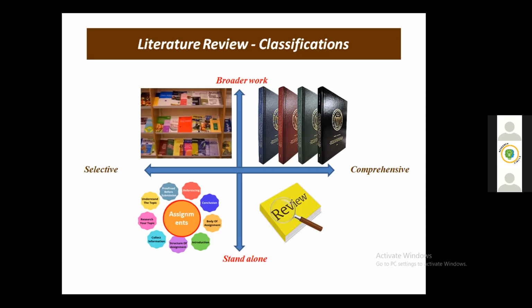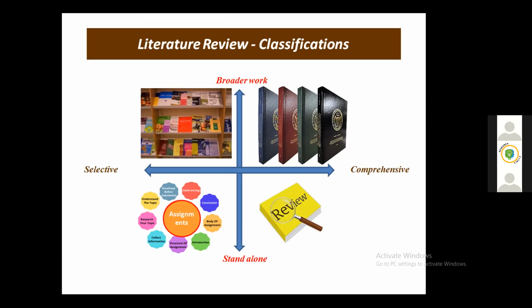Once you go for a thesis, that is comprehensive and broader in nature. Then in a journal, you can have very selective and broader. Then assignments are selective and standalone. And a review: if you are writing about some particular process, then that review should be comprehensive in nature, but at the same time it is standalone.